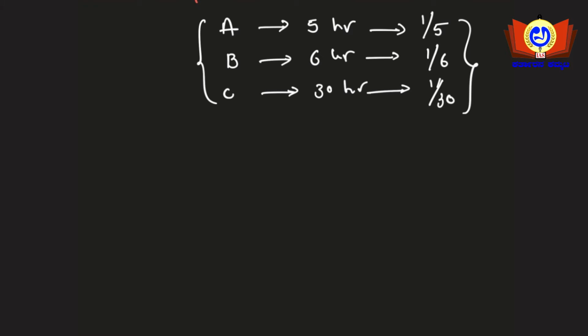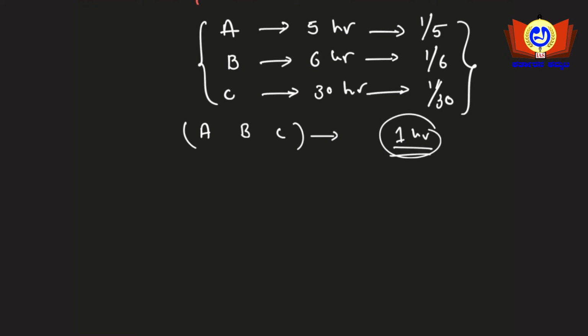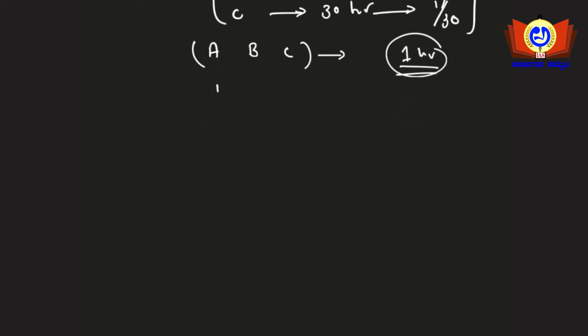So if all 3 pipes, pipe A, pipe B and pipe C, are simultaneously let open, in 1 hour what part of the tank will be filled here? That will be 1 by 5 plus 1 by 6 plus 1 by 30.